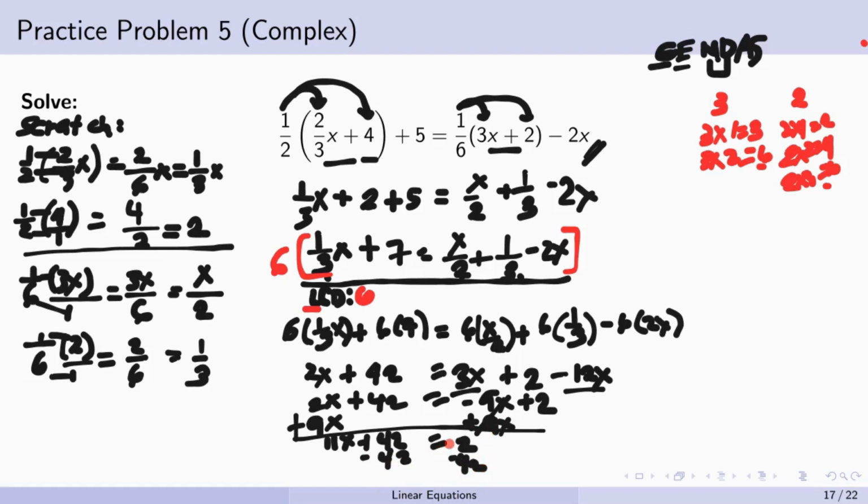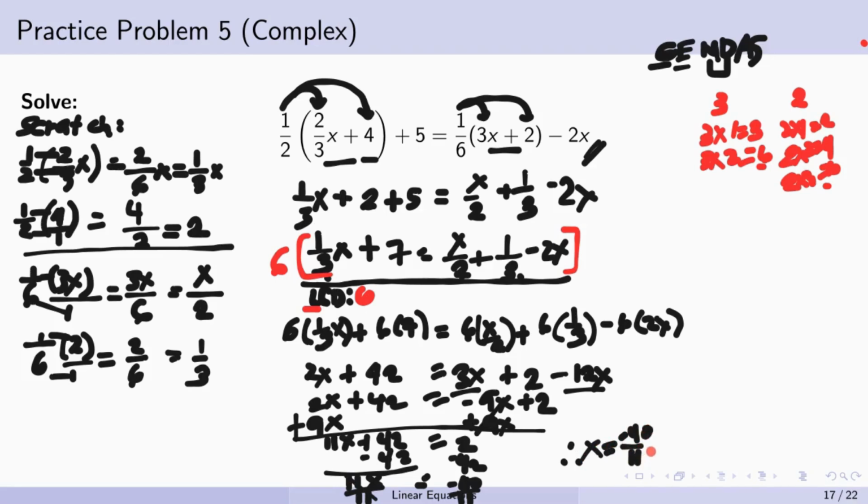Okay, so that gives us 11x equals negative 40. So we can now divide both sides by 11. And therefore, x is equal to negative 40 over 11.